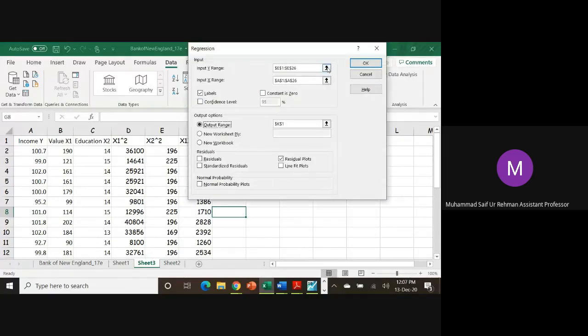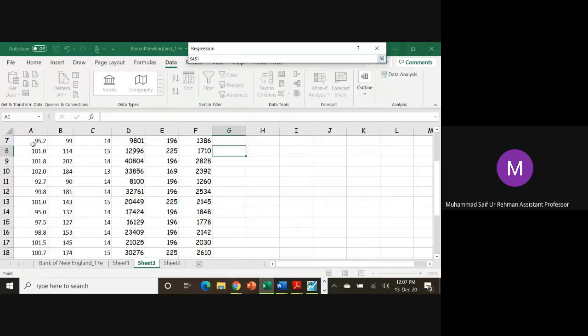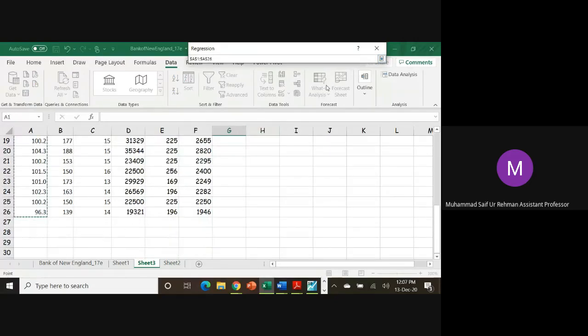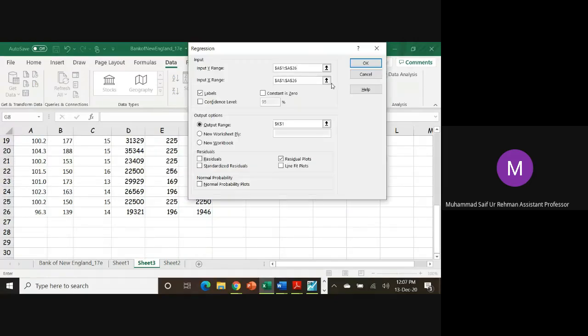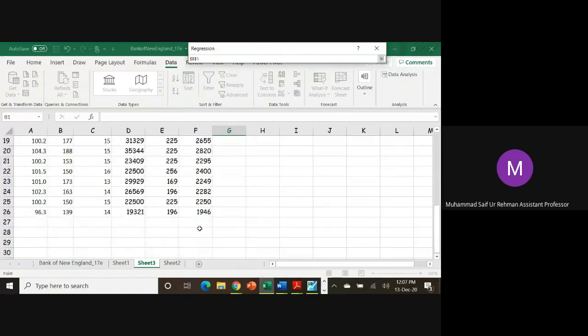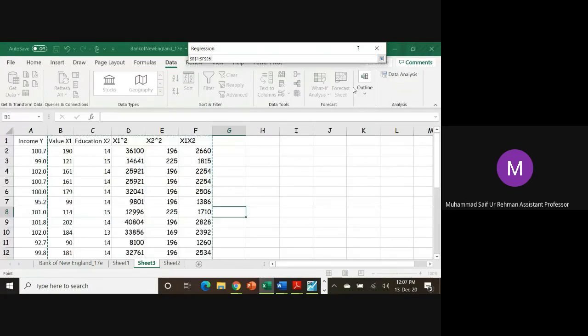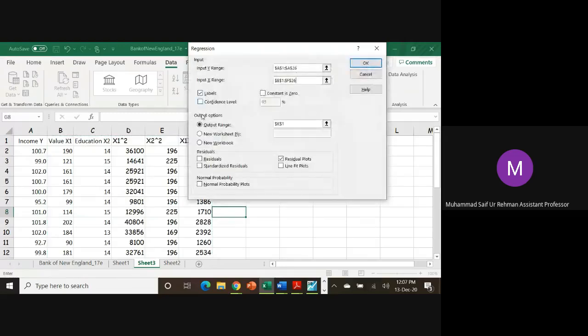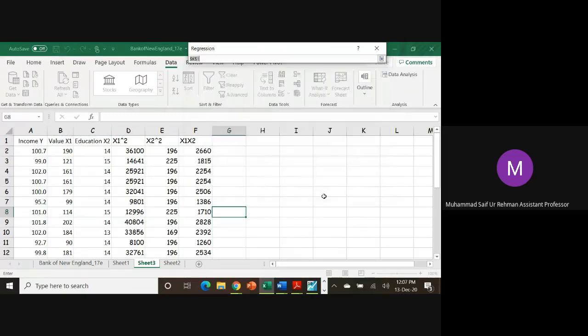This is your Y. Input range, all these variables. Labels are there. Output range, this is your output range.